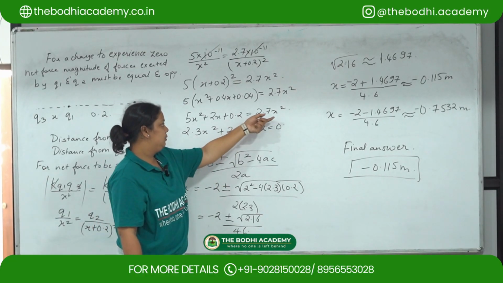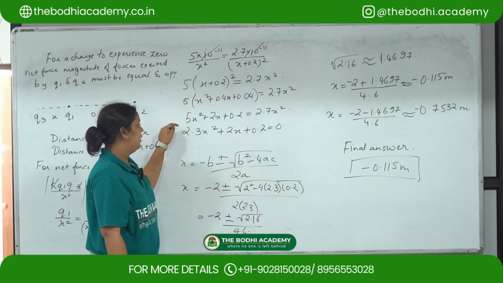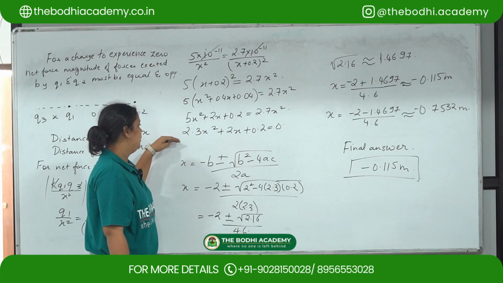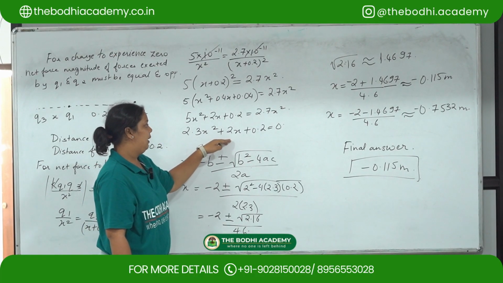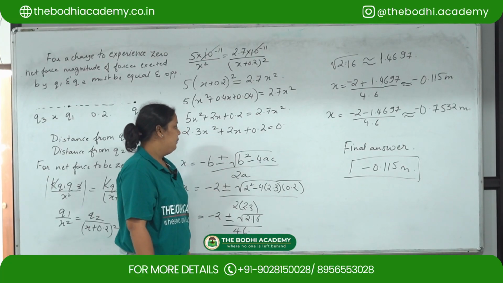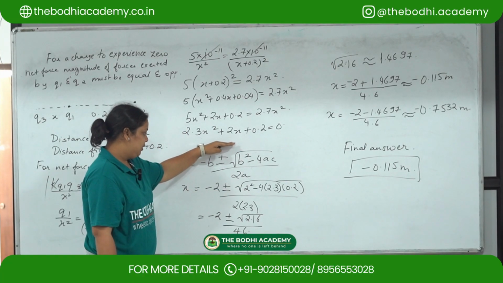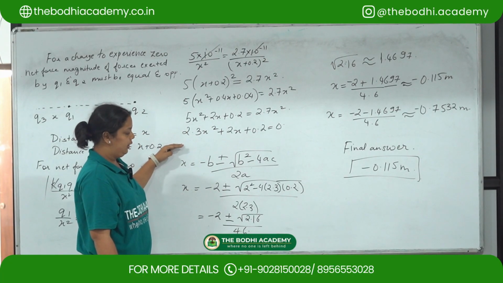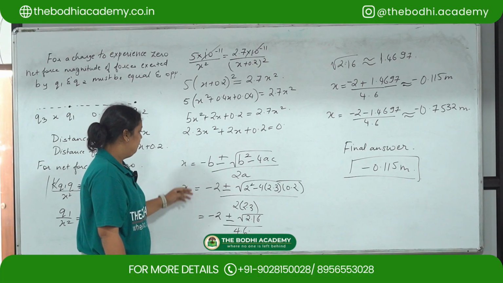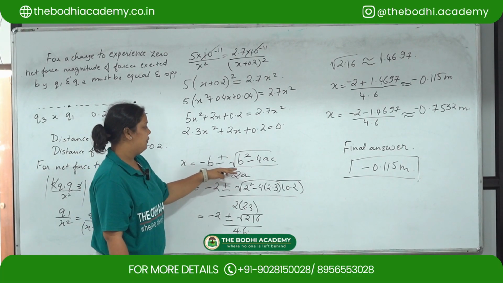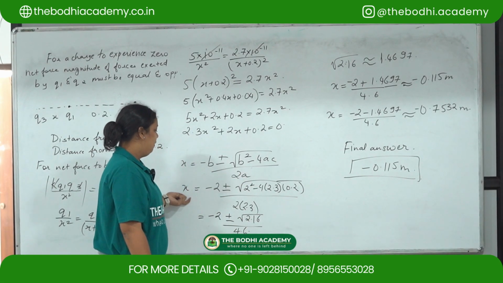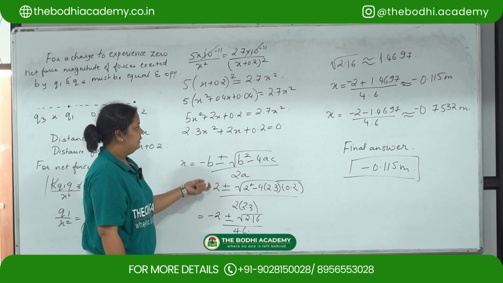So bringing this 2.7x square here, and it will get subtracted, so it will be 2.3x square plus 2x plus 0.2. So this is a quadratic equation, so we will have to solve this quadratic equation using the quadratic formula, that is x equal to minus b plus or minus root of b square minus 4ac, and we will get the answer.